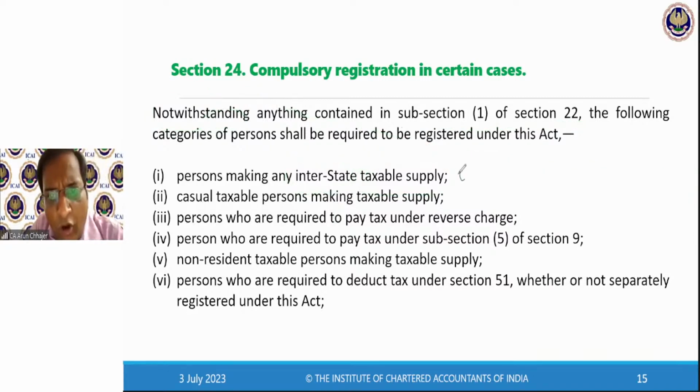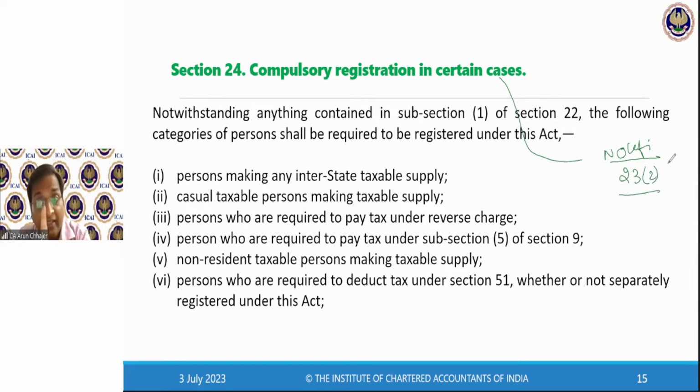Whether it is written of goods? No, it is not written the goods. Here I will explain one important point. Section 24 has to be read with all the notifications which are being issued under 23(2).